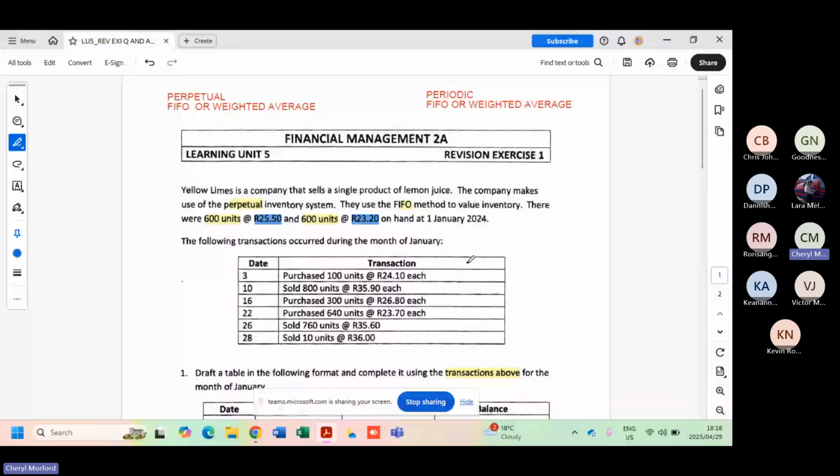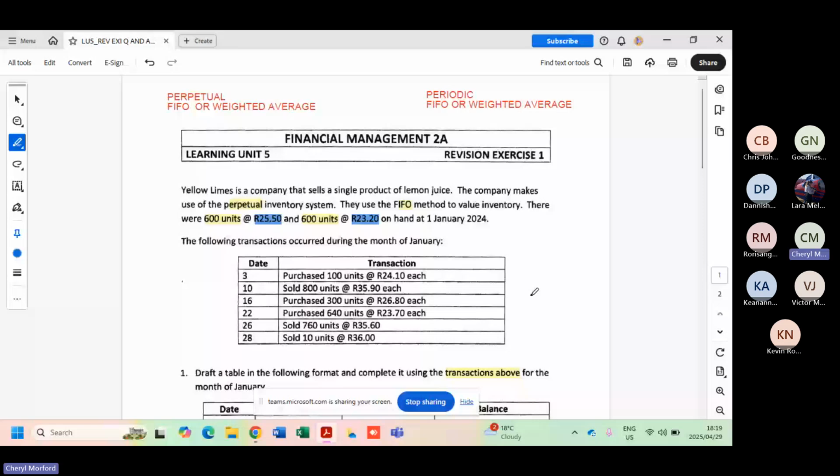So I'm going to show you in the answer, you always keep it this many units at that amount, another amount of units at another amount. Don't multiply out and work in rands values. Okay. And the thing with the FIFO method is that we keep all of the different, I call them batches of inventory separate.